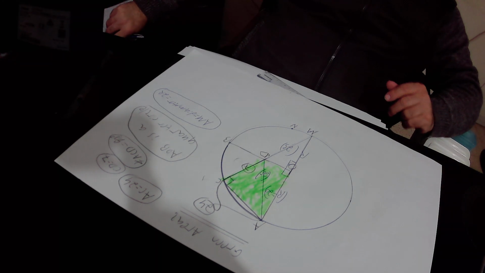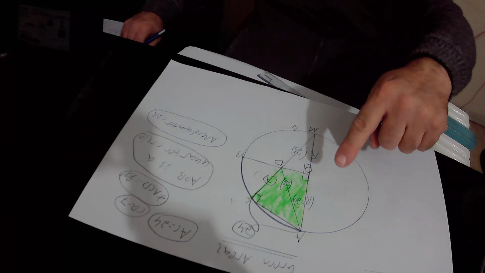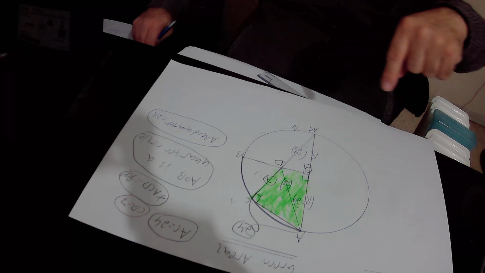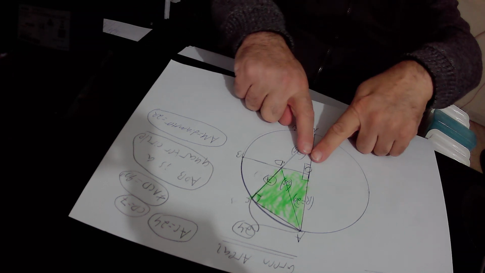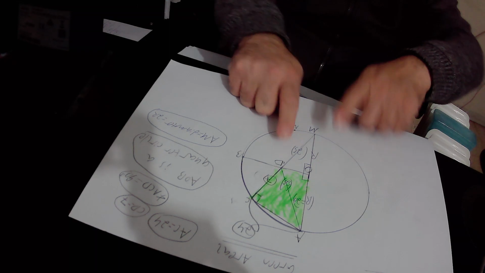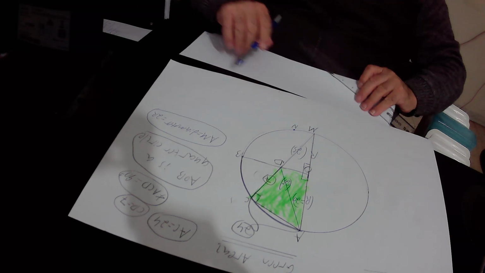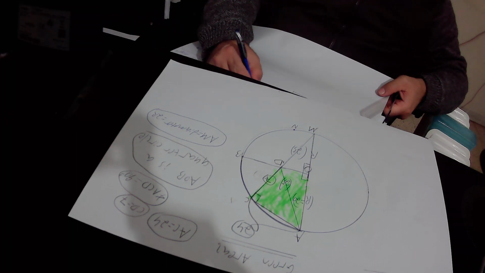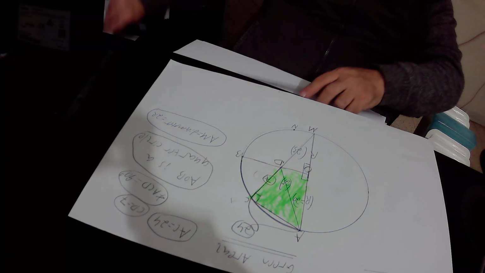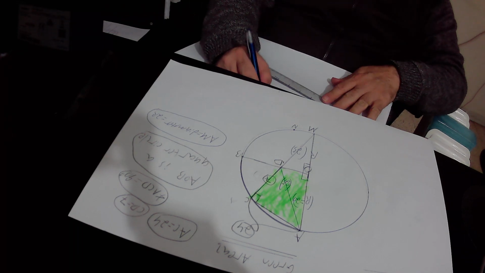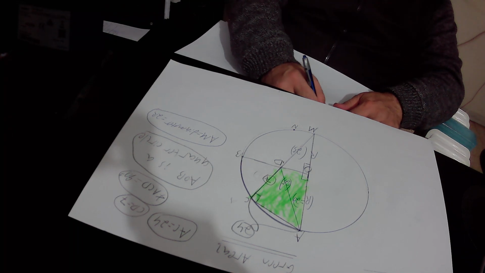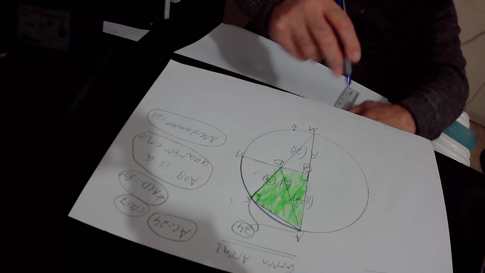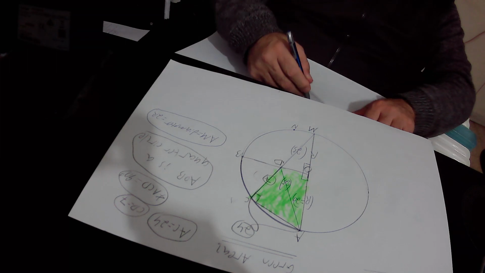In the next step, I will copy the right triangle AOD onto a new page, and we will implement the Pythagoras theorem in this right triangle AOD in order to find the length of the missing side OD. Okay, so here we're talking about the right triangle AOD.